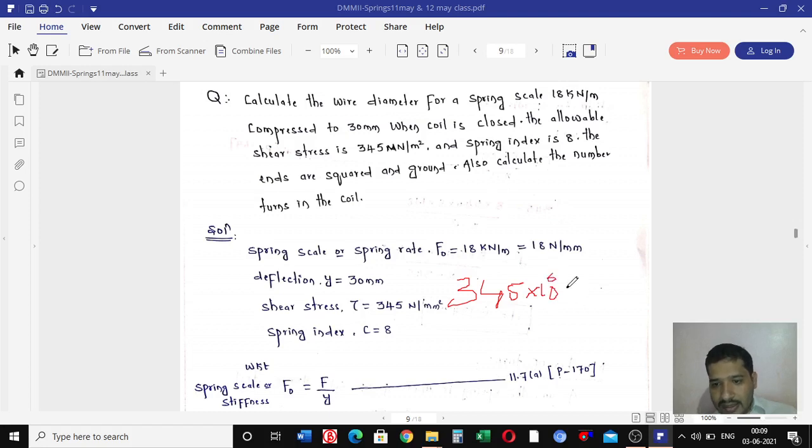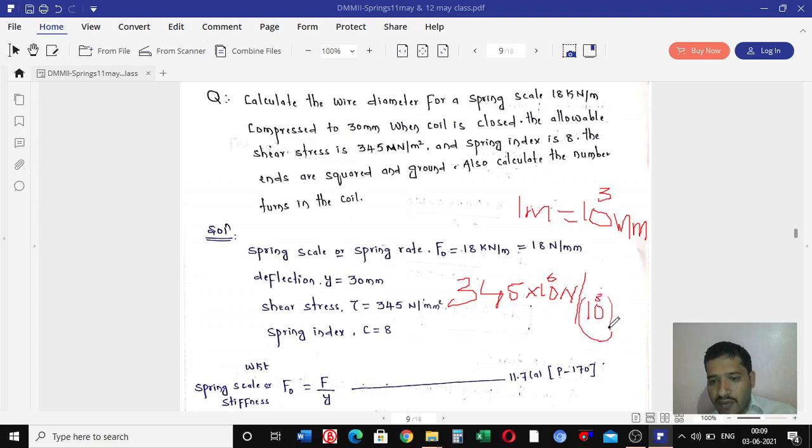Newton as it is, divided by, so 1 meter equal to how much dear? 1000 mm. You know very well. Here I am taking 10 power of 3.